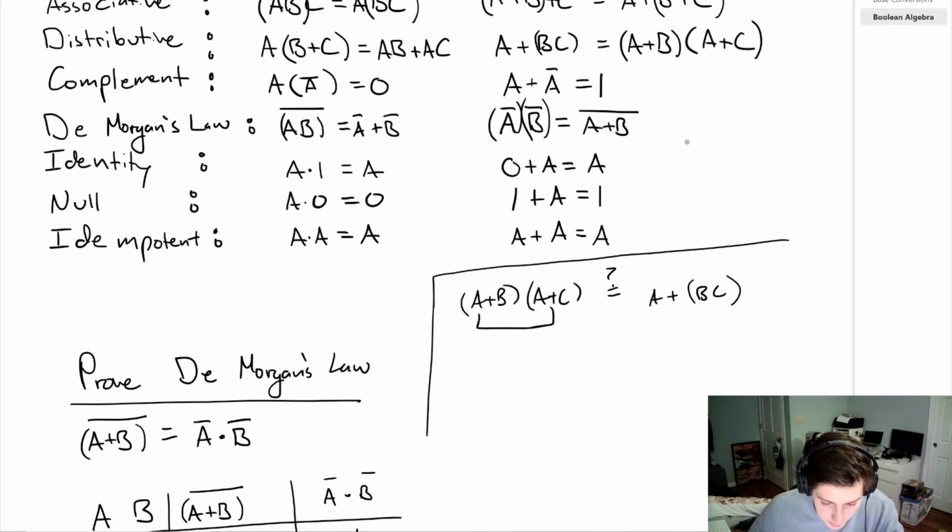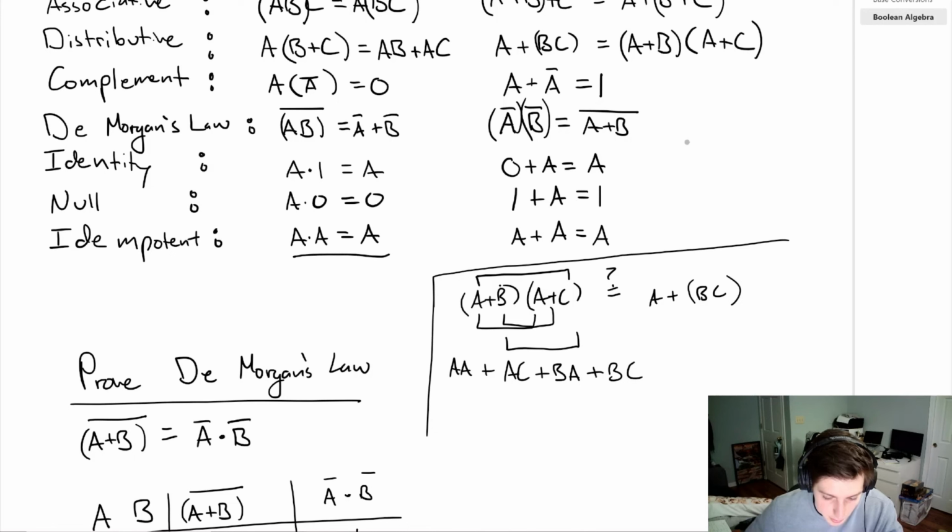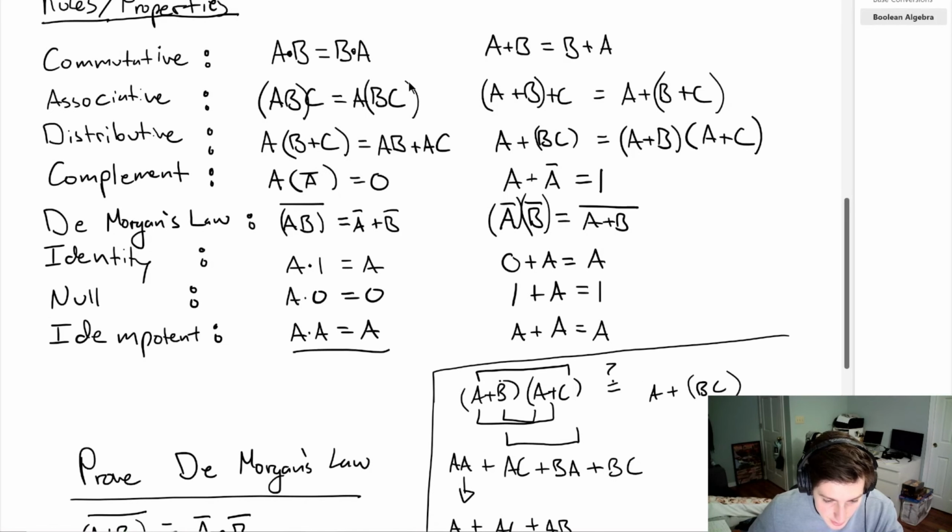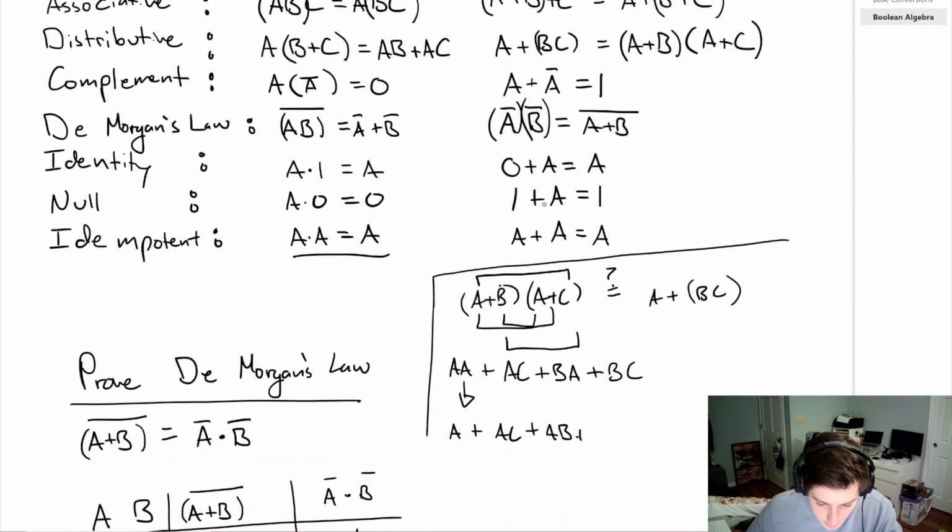So our first terms would simply be A times A, plus our outside terms, AC, plus our inside terms, BA, then our last terms, BC. So we know from this property here that this is going to be equal to A plus AC plus AB, where here we simply used the commutative property, plus BC.